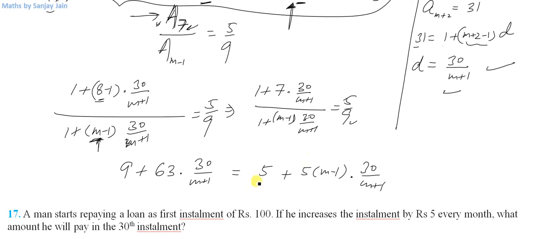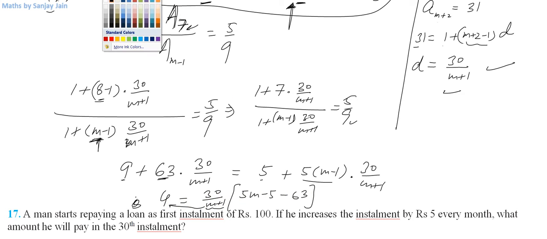Okay, so 9 minus 5 will give me 4 here, and this 30 by m plus 1, if I take common, this will be 5m minus 5 minus this 63, right? And this m plus 1 I am multiplying here.